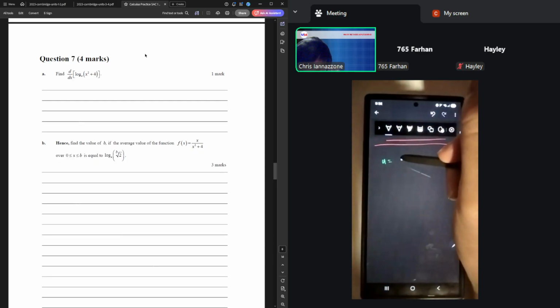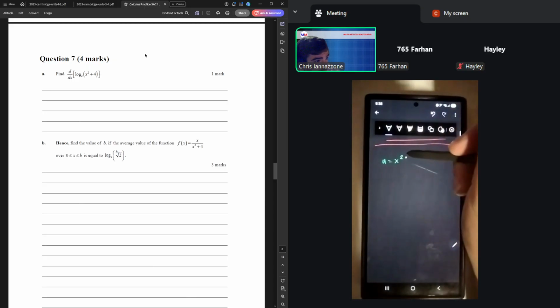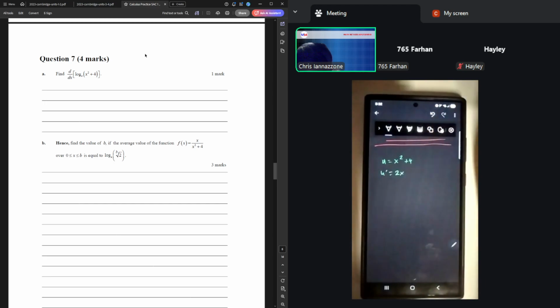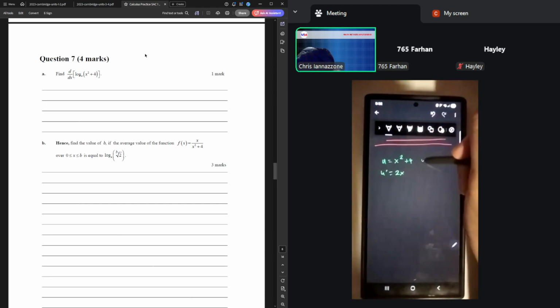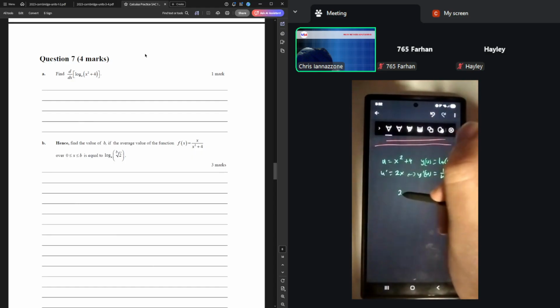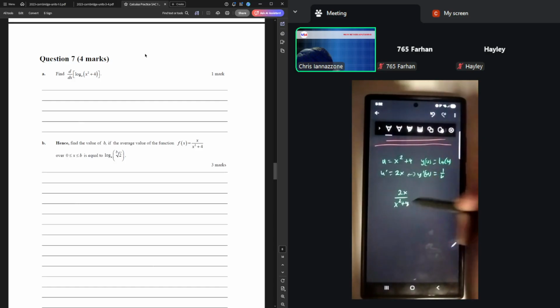First of all, u is x squared plus 4, u dash is 2x, y of u is natural log u, y dash of u is 1 over u. Chain rule, multiply them together: 2x over u, which is 2x over x squared plus 4.